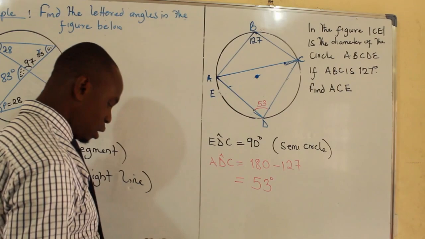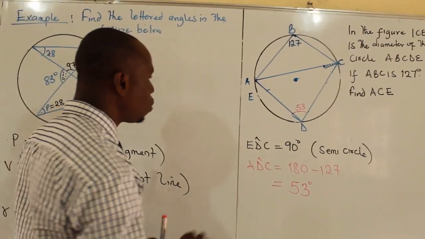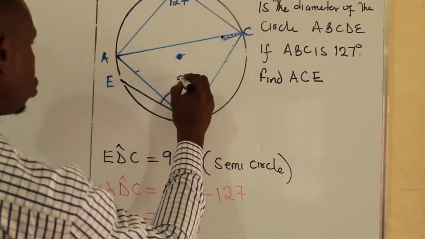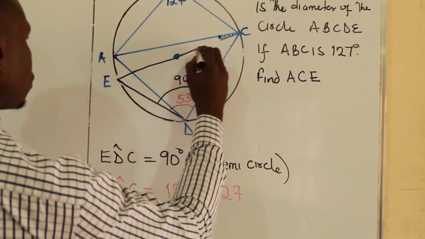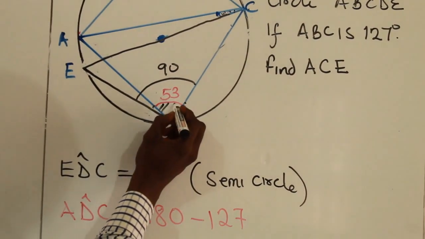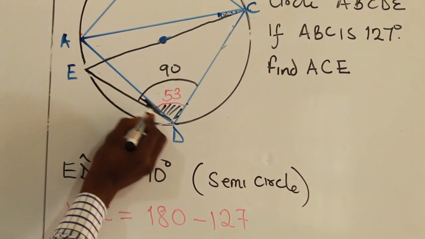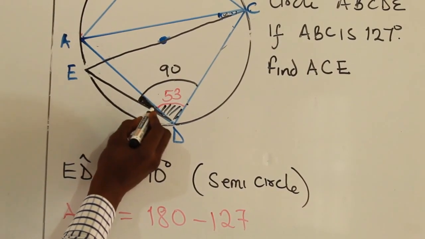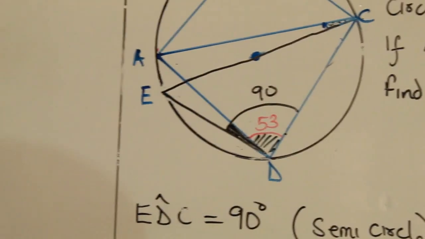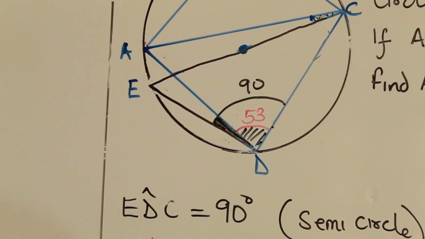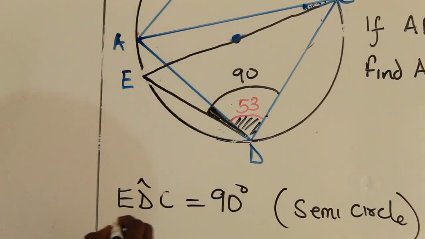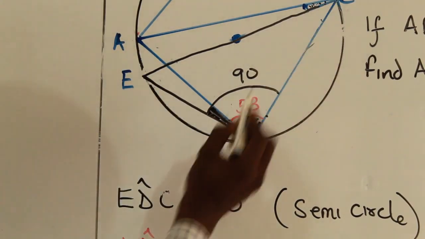But remember that the line was drawn from here to this point, and we had gotten the entire angle here to be 90 because of the diameter that was formed here. So we had gotten this part to be 90, and we now know this part to be 53. It is possible to get this small part by subtracting 53 from 90. The entire angle EDC is 90, and we had gotten ADC to be 53.